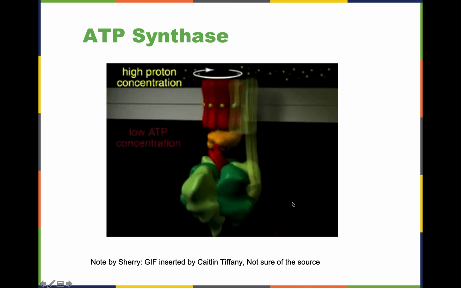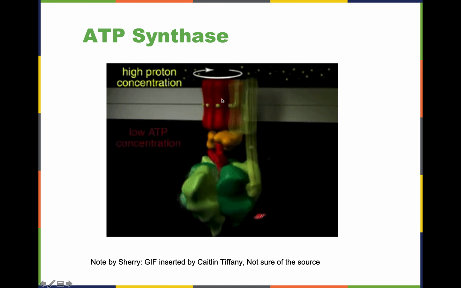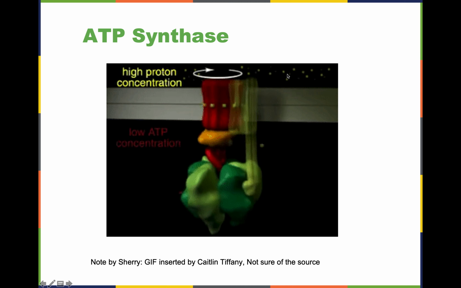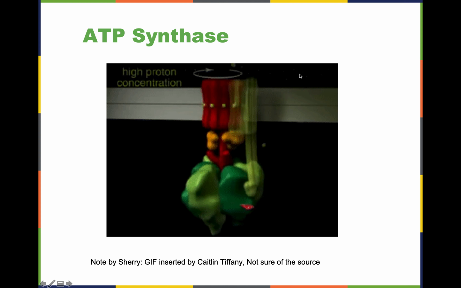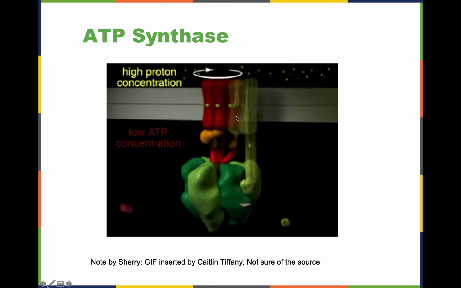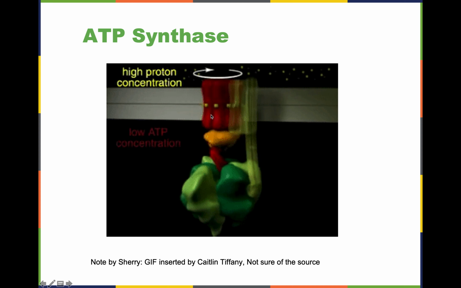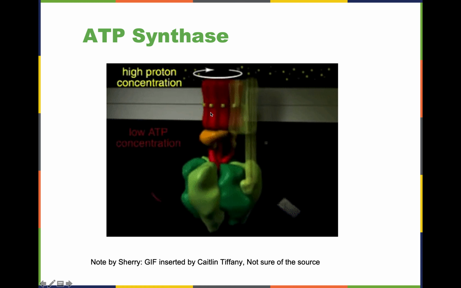So here's an animation of what the ATP synthase, or what we call the protein pump, looks like. At the top, these blue dots are the protons that are concentrated in the intermembrane space. As they pass through the proton channel, they turn this molecule around. If you look at this at a molecular level, you can actually see the molecule turning around.